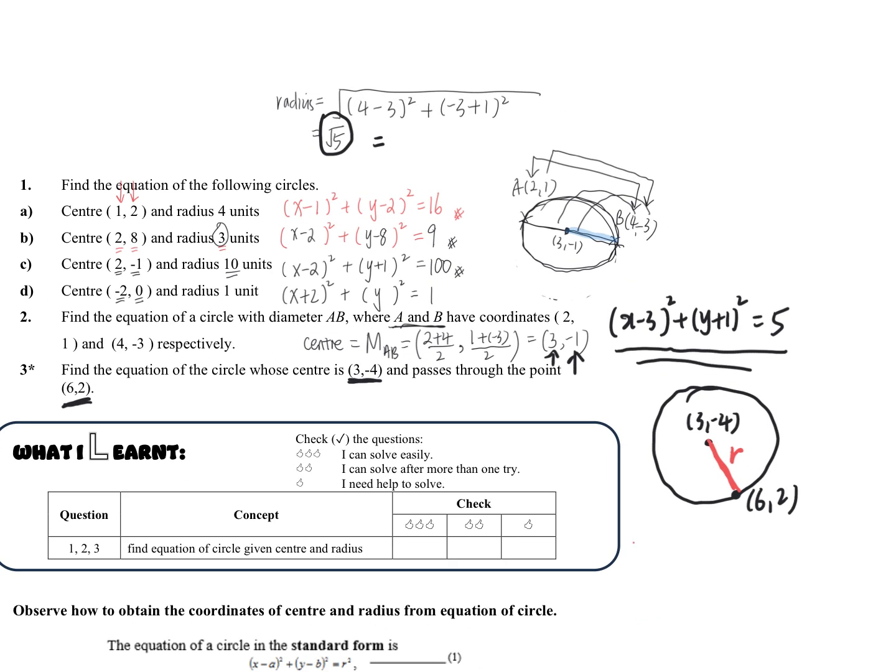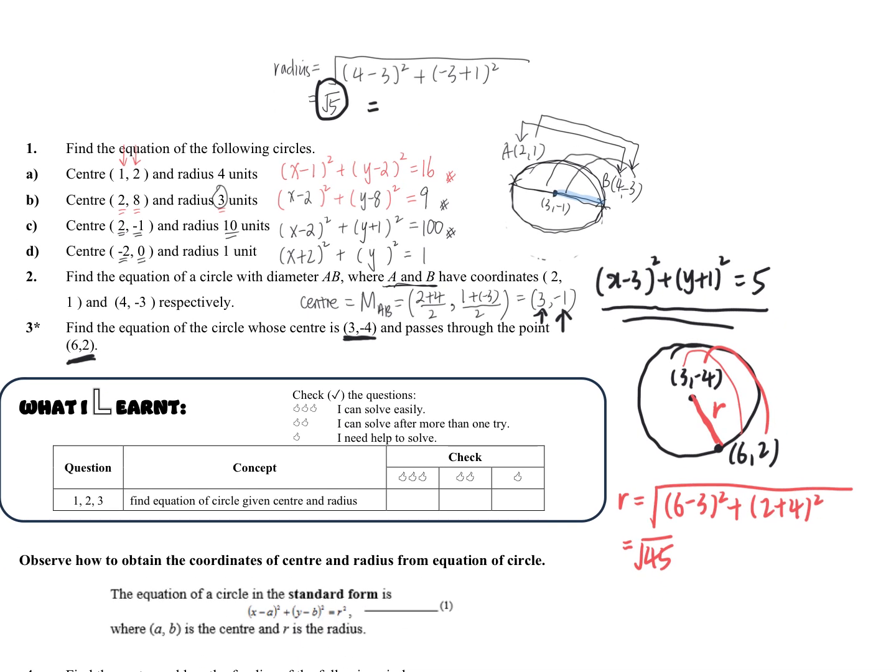So again, it's your length formula: the difference of the 2 x coordinates squared, the difference of the 2 y coordinates squared. So it's 3 squared plus 6 squared, which is square root 45. Leave it first because when you write the equation of the circle, you will write it as 45.